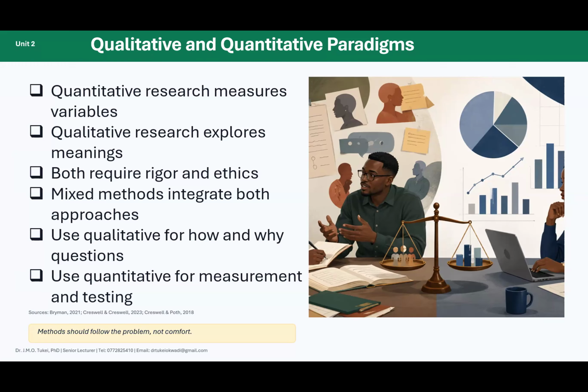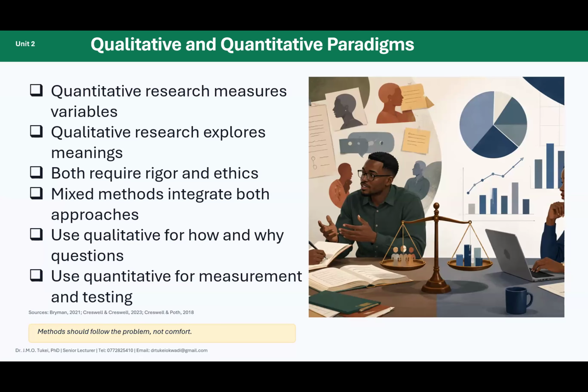Colleagues, its quality depends on valid measurement, suitable sampling, adequate sample size, and correct analysis.